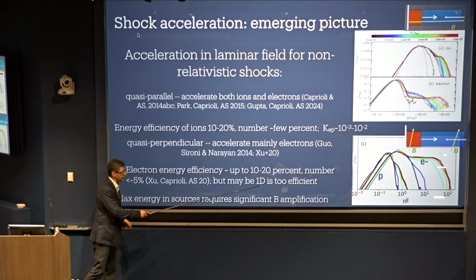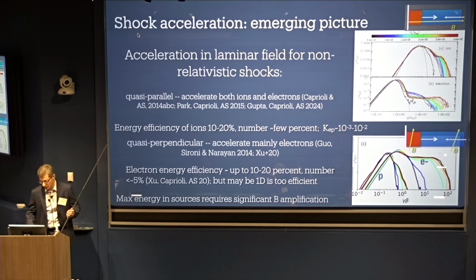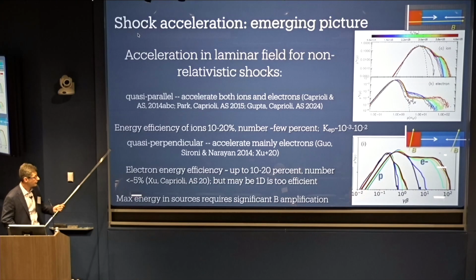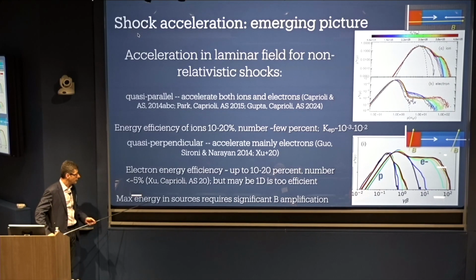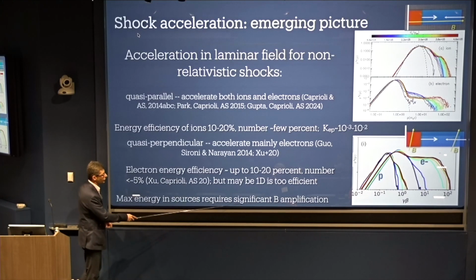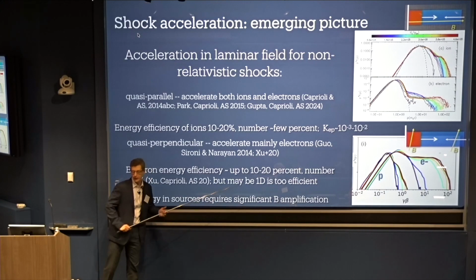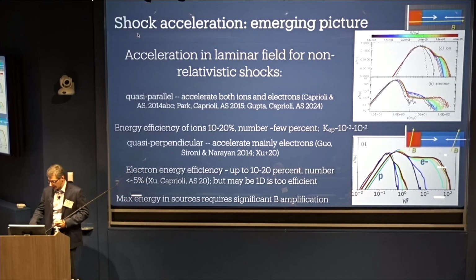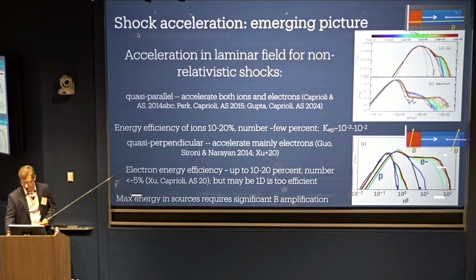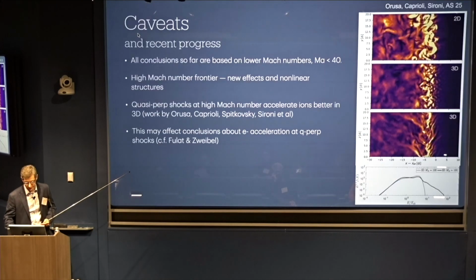But the caveat is that we have seen this mainly happen in 1D, and I don't trust 1D very much. And maximal energy is still an issue because the magnetic field needs to be amplified quite significantly, and whether real systems amplify the field to the values needed is still unclear.